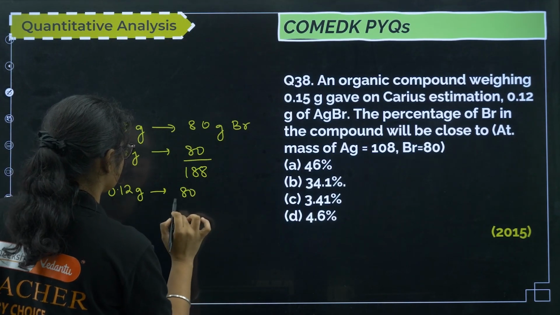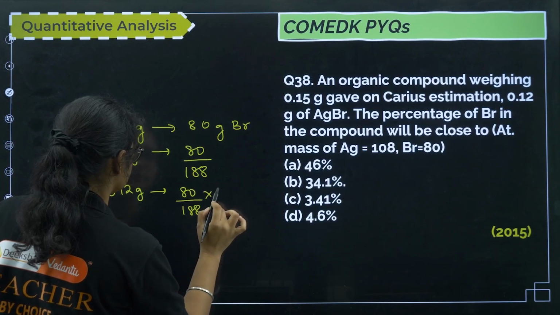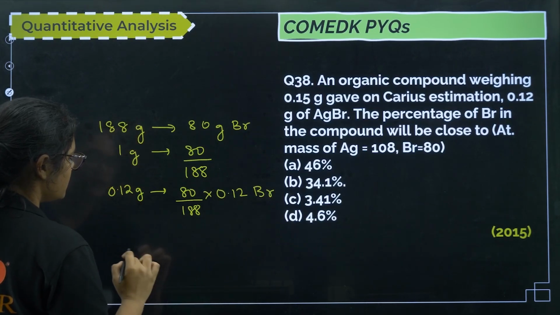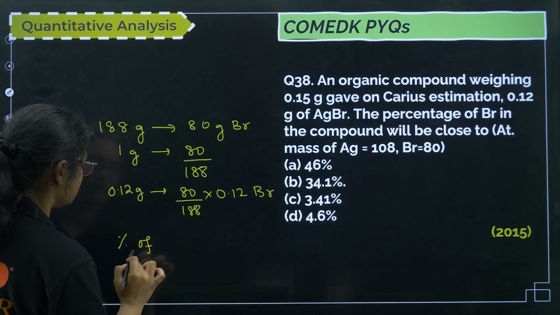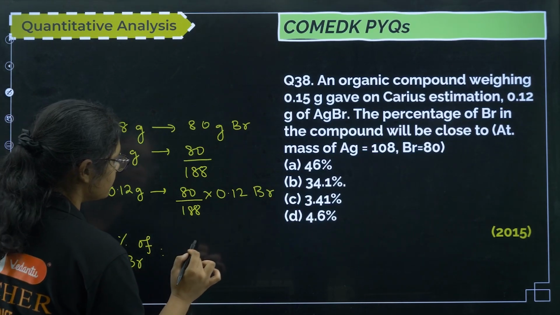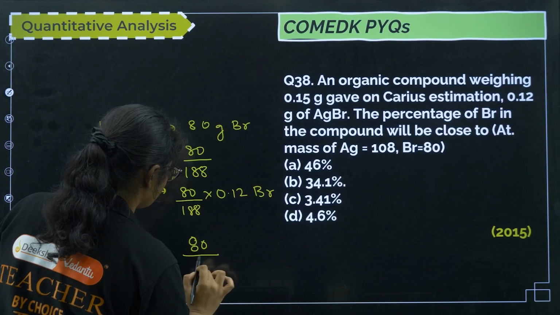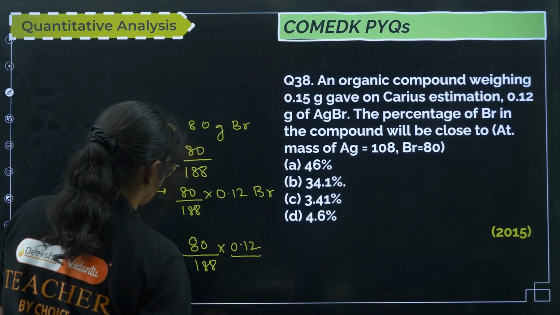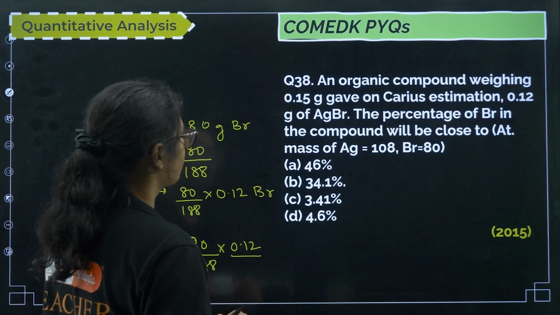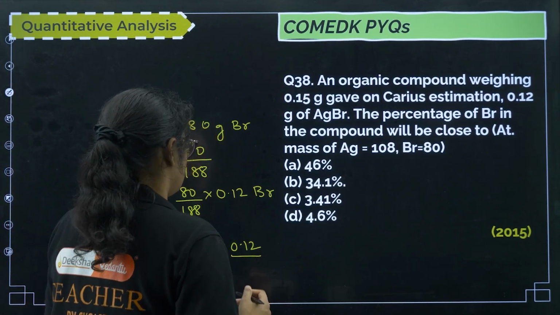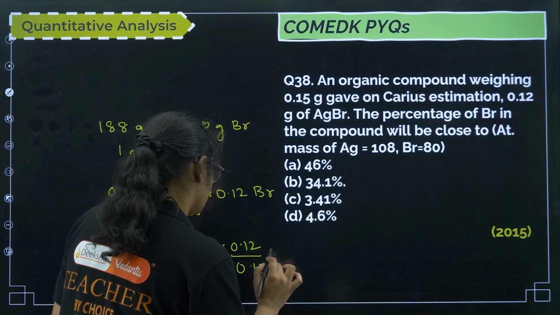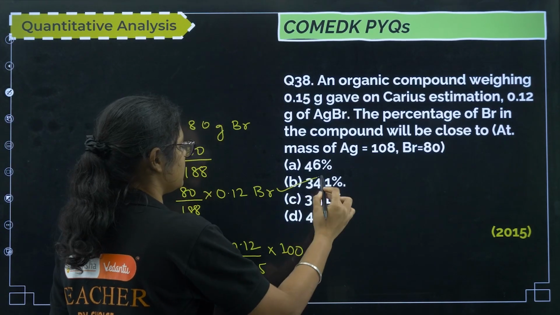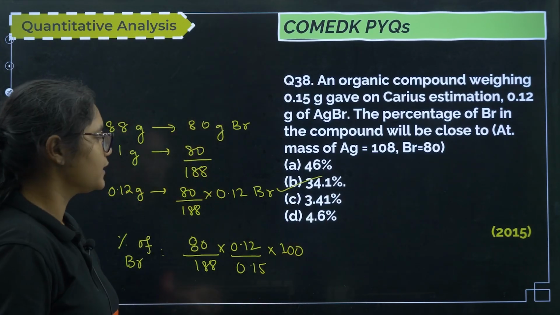So it will be 80 by 188 into 0.12. Okay, this much gram of bromine will be produced. Next, percentage of bromine will be 80 divided by 188 into 0.12 divided by 0.15, into 100. Now if I solve this, we will be getting 34.1%.